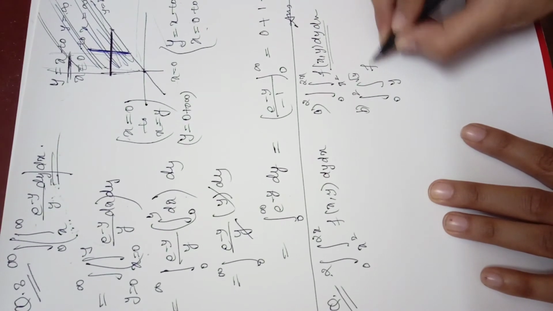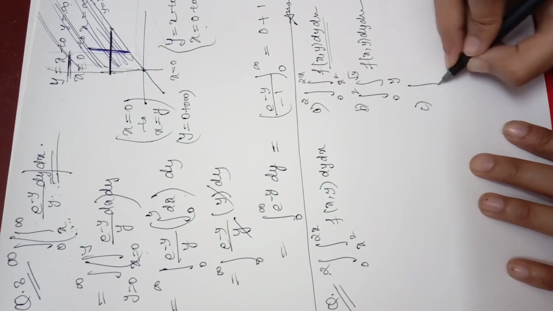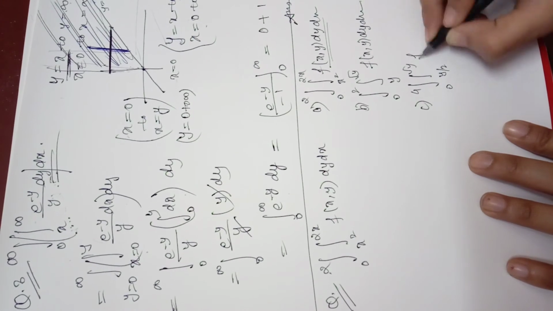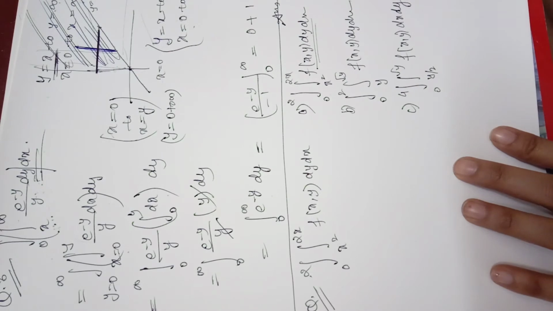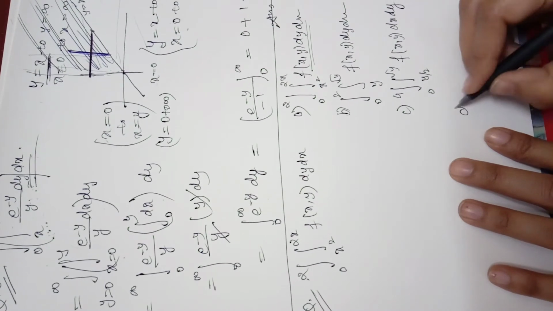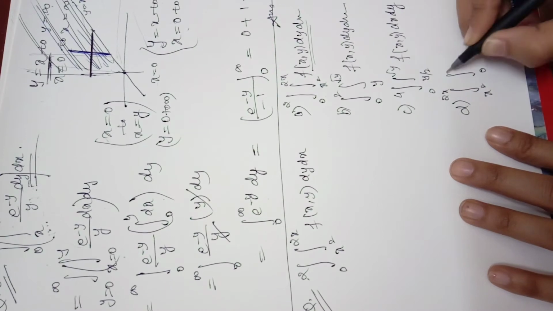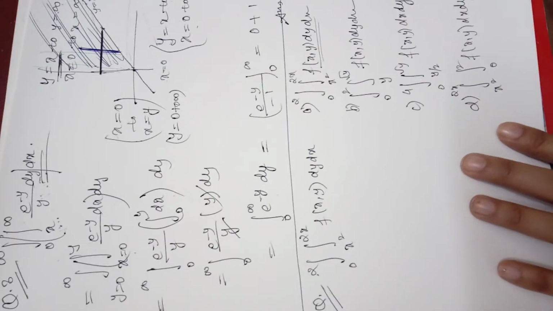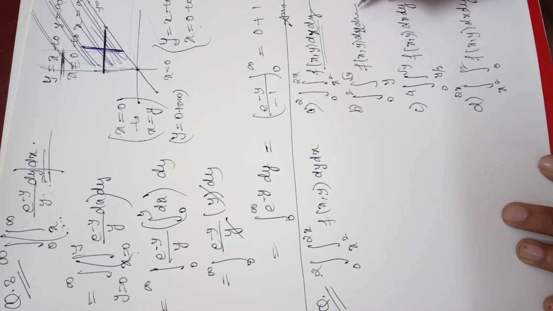Y to root y, this would be f of xy dy dx. My third option is 0 to 4, y by 2 to root y, f of xy dx dy. Okay, next option is x square to 2x, 0 to 2, f of xy dx dy. Oh yeah, this should be dx dy because I have changed the order of integration.